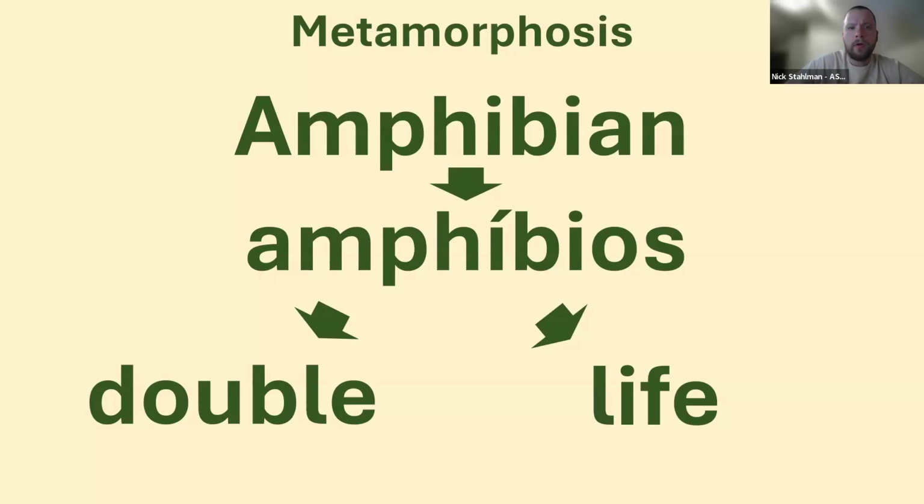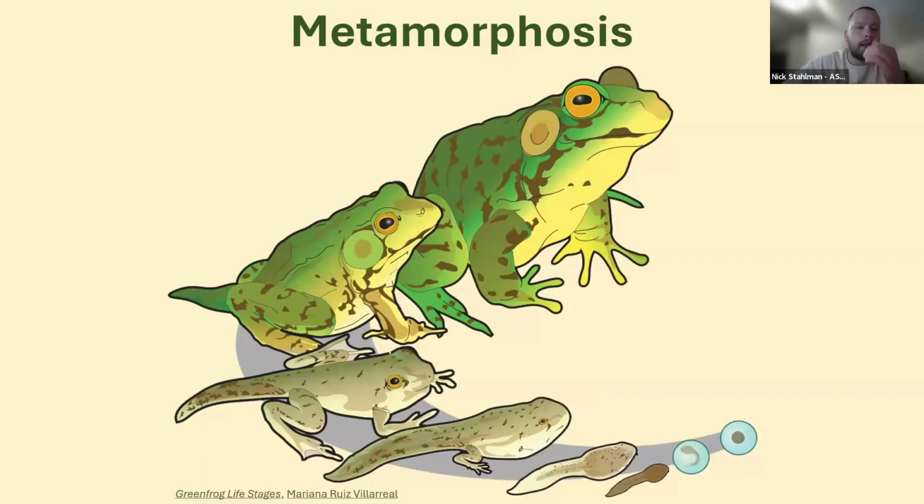Now, what this looks like with frogs is we have an egg that will develop into the larva, which we know as tadpoles. These tadpoles are gilled, which allows them to breathe and get oxygen in a water environment, and those gills are internal. That's going to be an important differentiation from salamanders. So those gills are on the inside. You really don't see them. Then eventually it's going to metamorphose into a froglet, which shares some characteristics of the tadpole stage with the long tail.